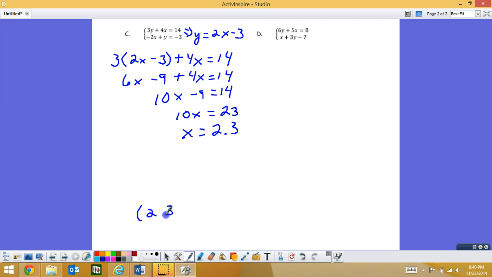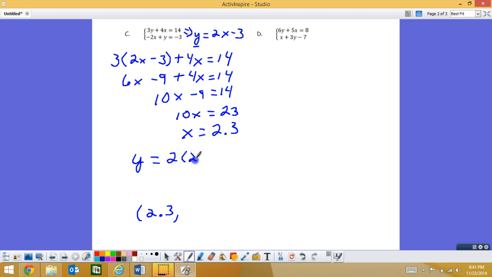Now you can imagine that if you were graphing this, how would we know that that x-coordinate was 2.3 and not 2.4 on the grids that we have been using? This is one of the benefits of the algebraic methods. Now to find the y-coordinate, we take the 2.3 and substitute it into this one.